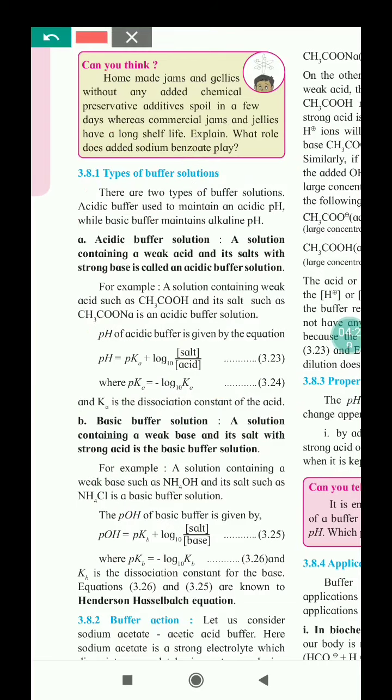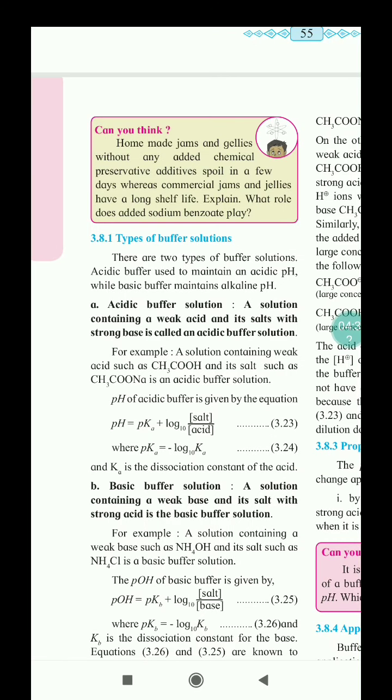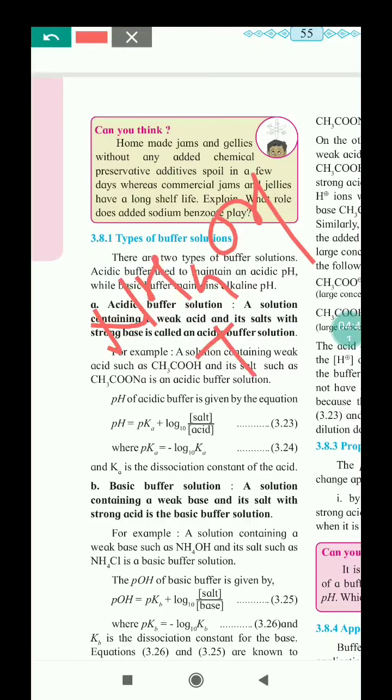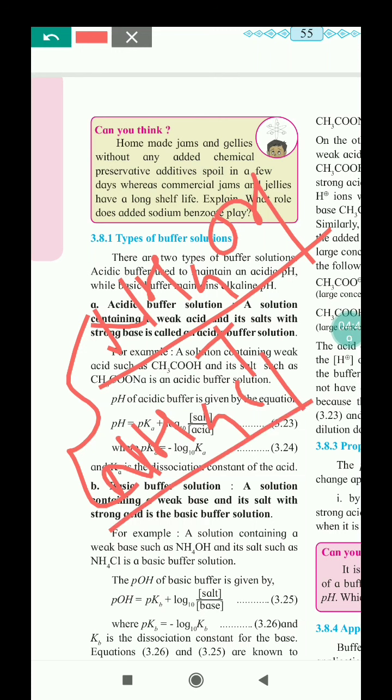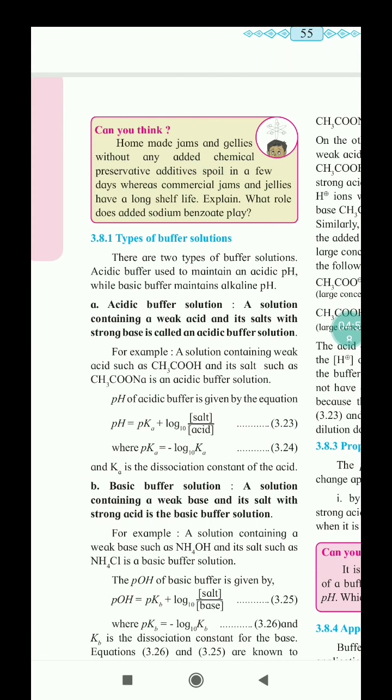Another example, our familiar one, is the weak base ammonium hydroxide and its salt of a strong acid, NH4Cl. This combination is called a basic buffer, meaning a weak base with the salt of a strong acid. Its pOH can be written as pKb plus log to the base 10 of the concentration of salt divided by the concentration of base.